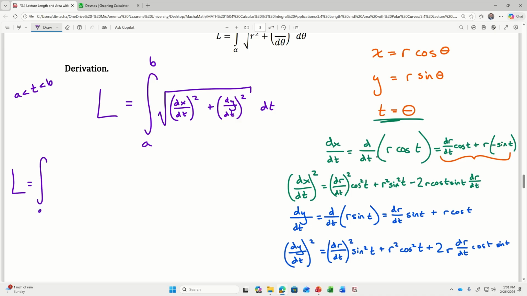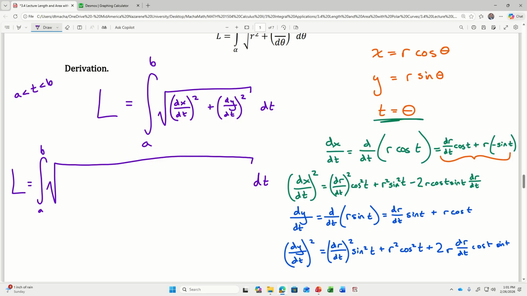And when we're done with that, we can return to my integral. It might not be a big enough radicand. So what I'm about to write in the radicand is dx dt squared plus dy dt squared.